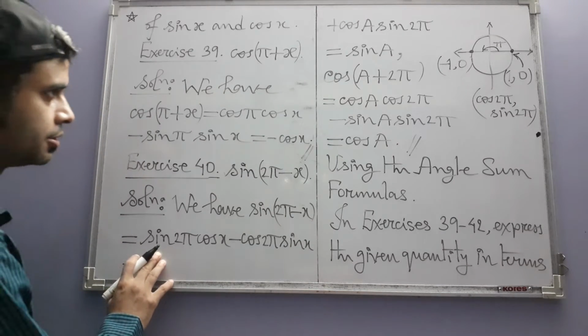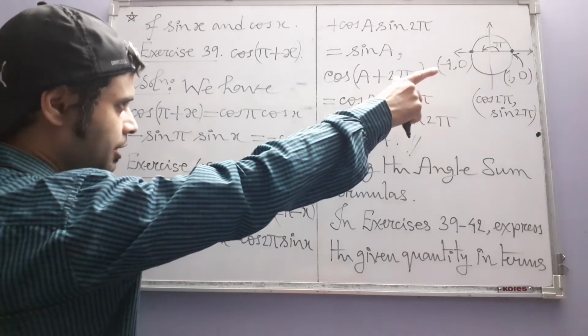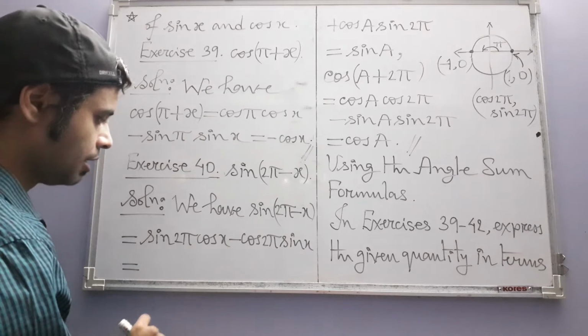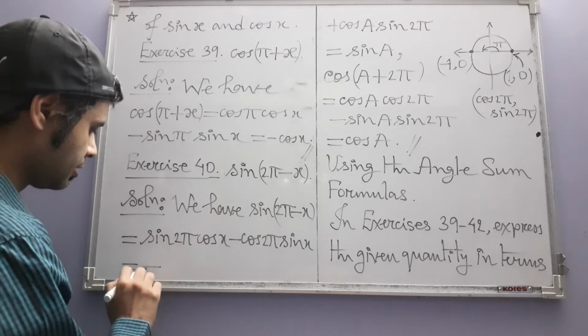Sin 2 pi is 0. You can see that, there it's written sin 2 pi is 0 and cos 2 pi is 1. So that means this will vanish, and here you will have minus sin x.